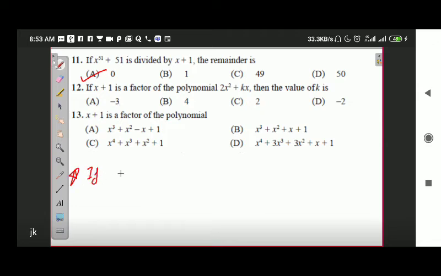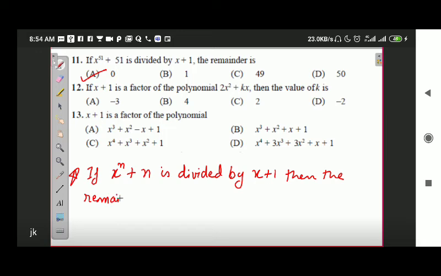If x to the power n plus n is divided by, sorry, x plus 1, then the remainder is. One minute, let me check.